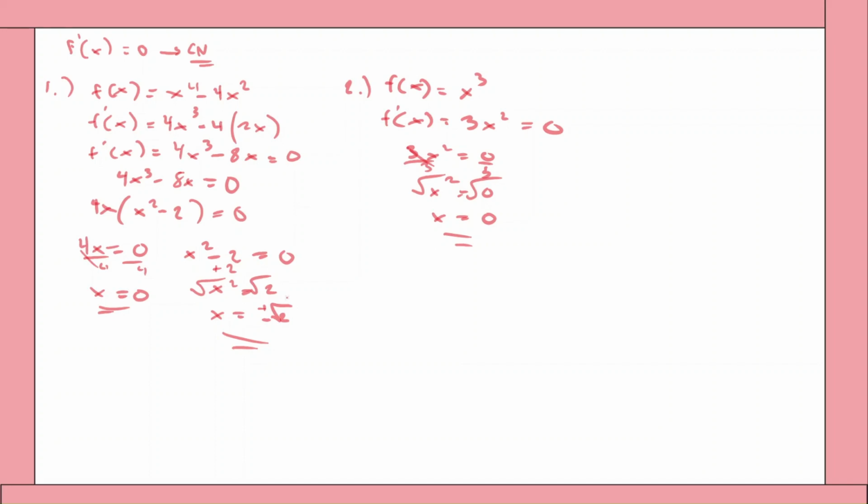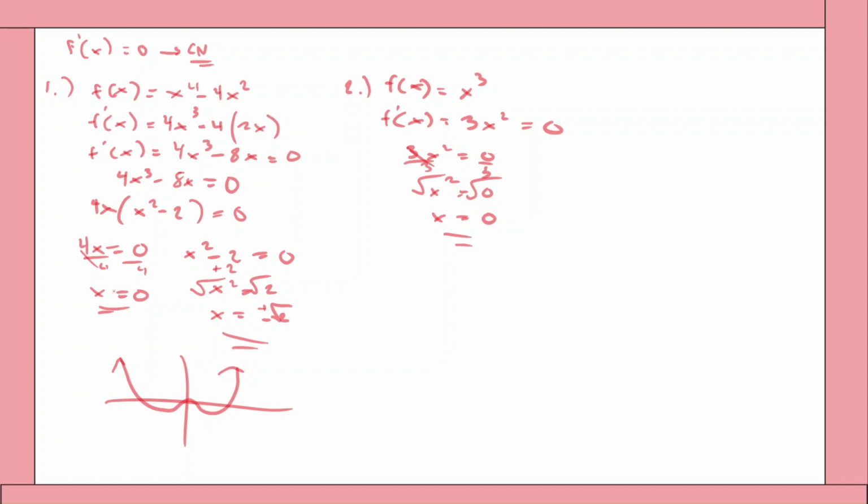And you might be wondering, like, what do these critical numbers really mean? So before I move on to a few examples, I just want to show you. So if we wanted to know the graph of this, well, we know that this graph, it's a polynomial and we have an even graph. We know from pre-calculus it'll look a little something like this. Not exactly, but something similar to this. So we know that it looks like this.